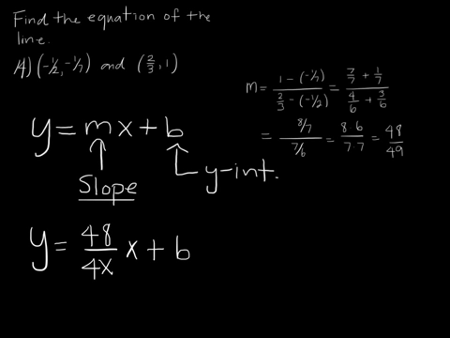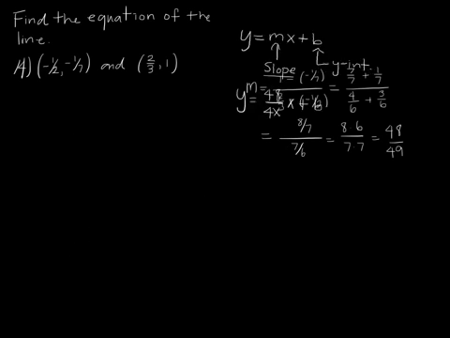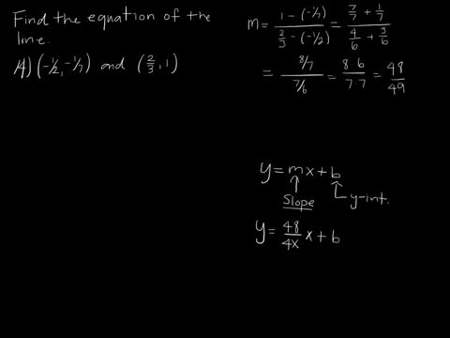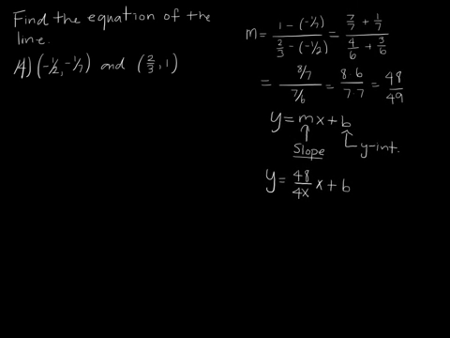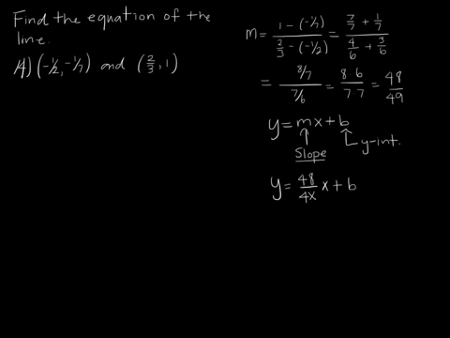But once I have this, I simply choose any point that I started with, either this one or this one, and put it into this equation. So either I can choose to plug this one in for the x and y values, or I can choose to plug this one in for the x and y values. I'm going to go ahead and go with this equation here, or that point there, because I like the numbers better.